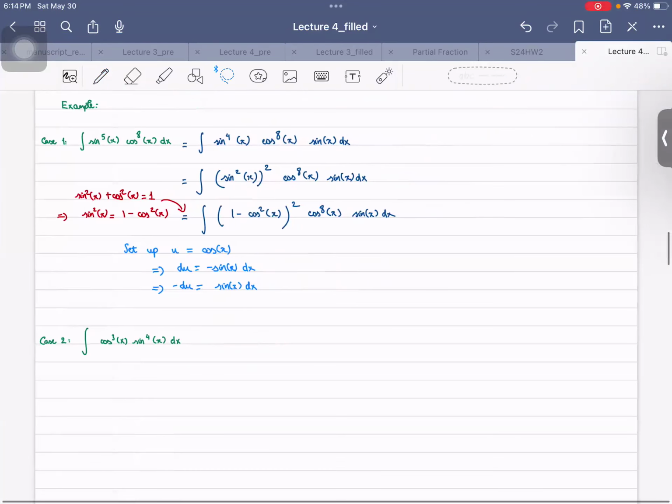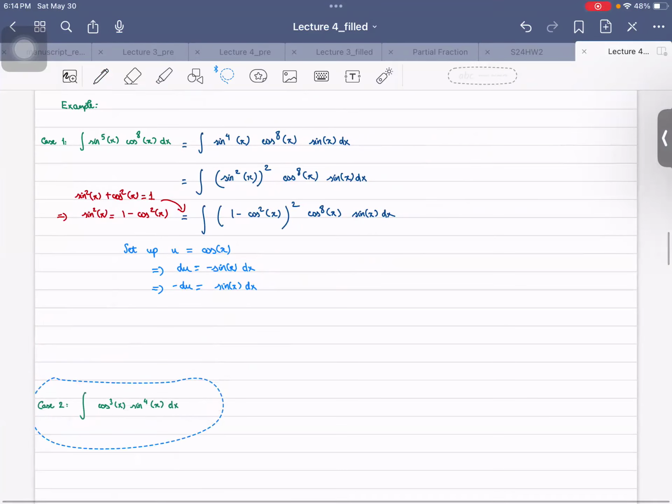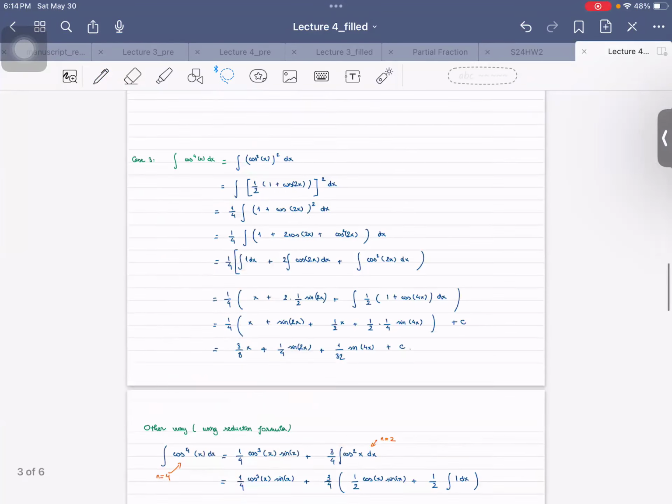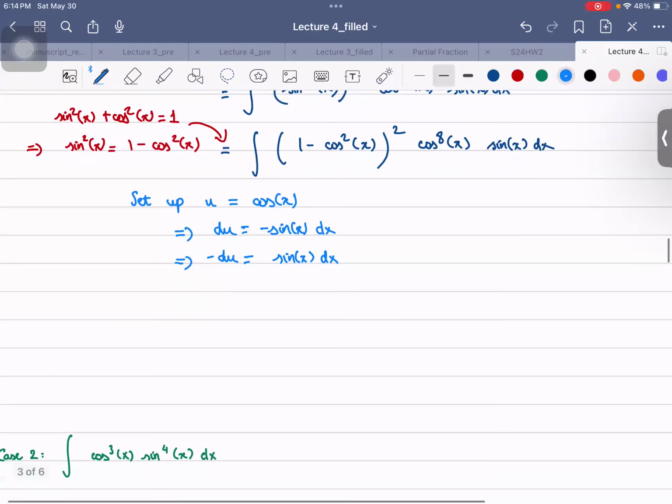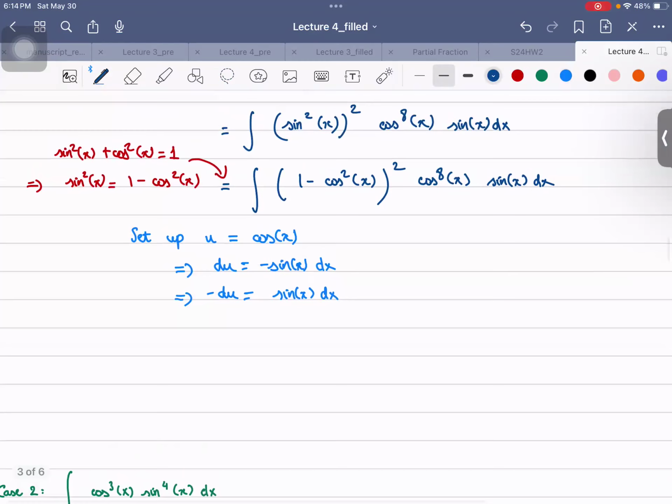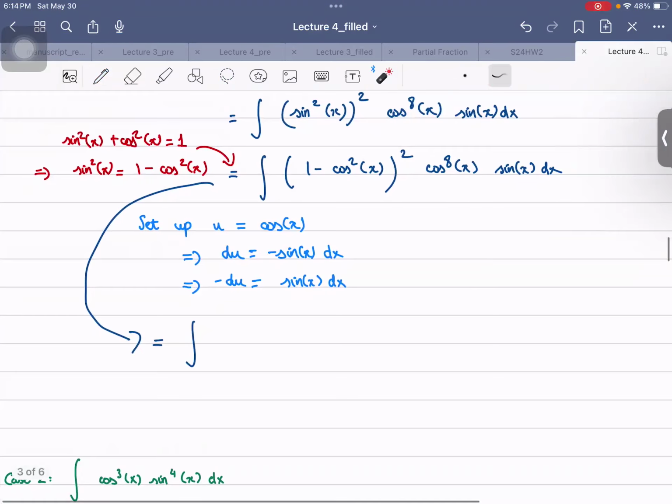Now you can rewrite your integral in this way. 1 minus cosine squared will be 1 minus u squared, because cosine of x is u, so cosine squared is u squared.